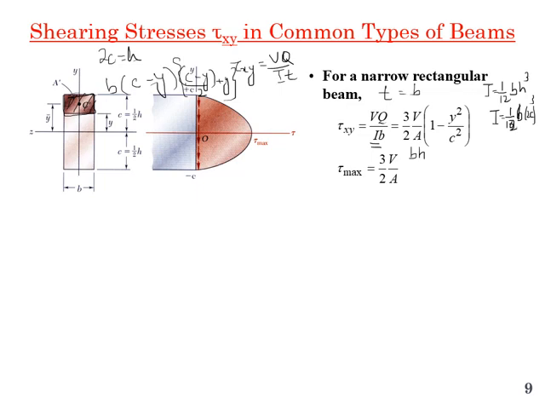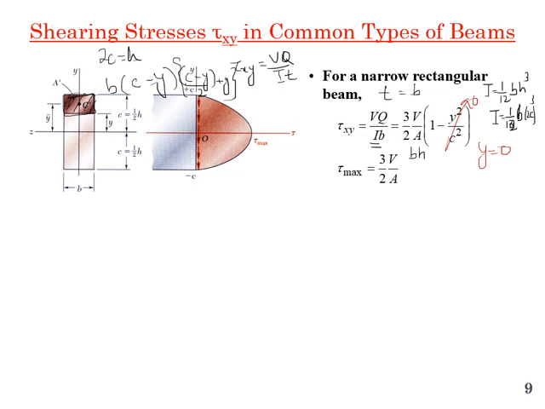Now, where do we have maximum shear stress? If you look at this expression, the maximum shear stress is when y is equal to 0. If you put y equal to 0, this term will become 0.